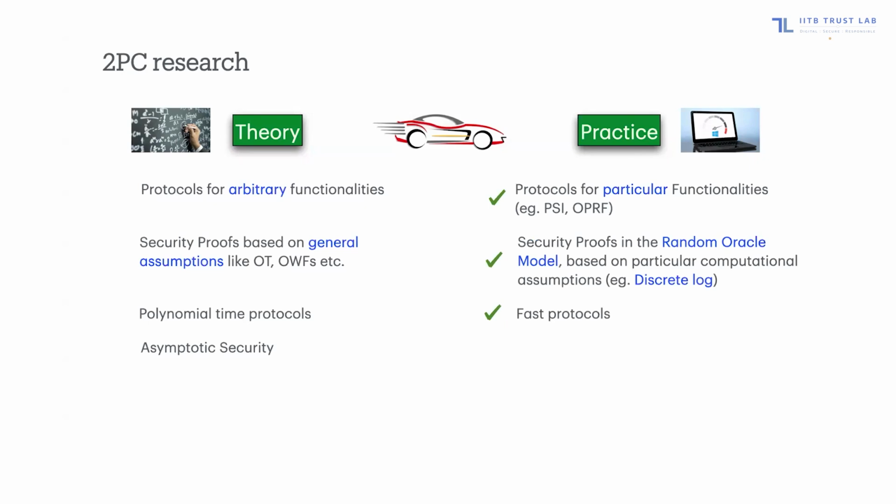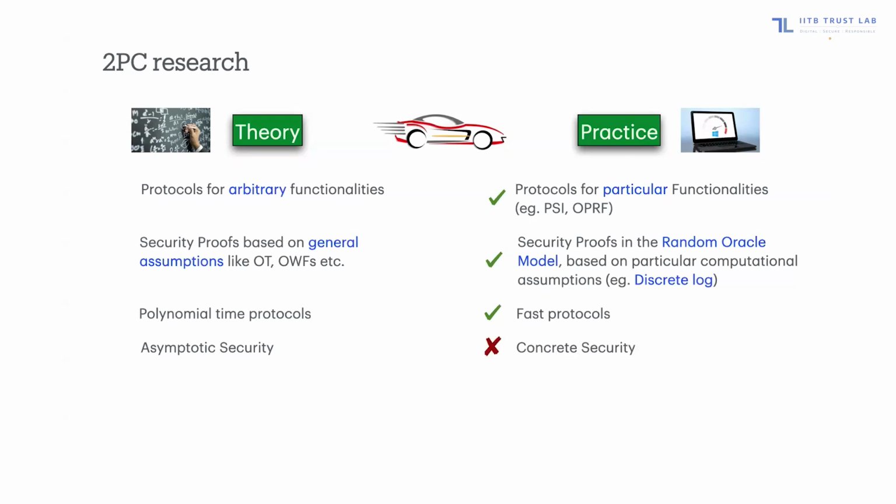For that, people do not really consider arbitrary functionalities. They look into particular functionalities of importance like private set intersection and oblivious pseudorandom functions. And as is evident in other areas of cryptography, a lot of security proofs are in the random oracle model, and the assumptions used are computational, for example, discrete log.